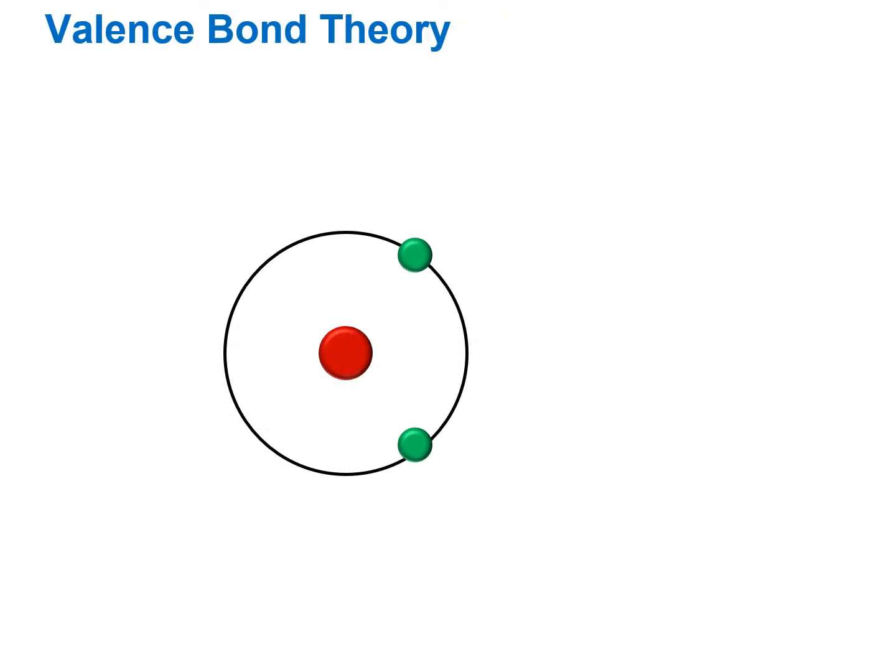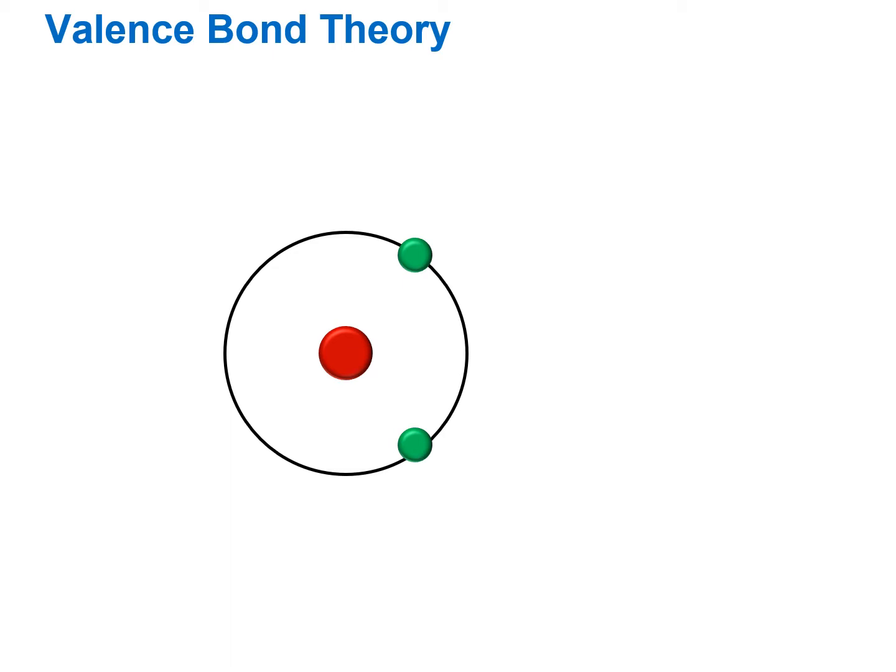So in valence bond theory, we have the concept that the electrons are located in a specific orbital around the nucleus, and that in order for a bond to occur, there has to be some sort of manipulation of that orbital, a change in shape and a lowering of the energy state, in order for there to be some sort of union with another element.